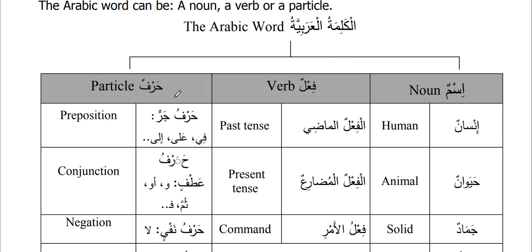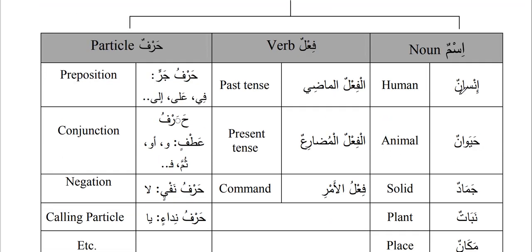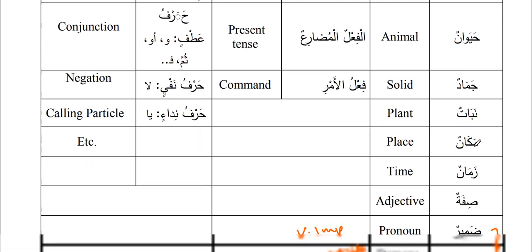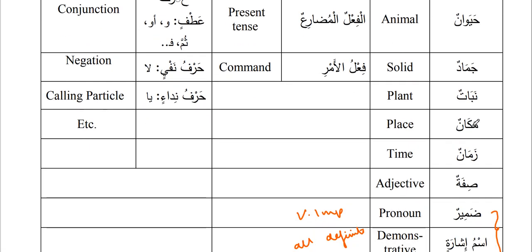So I will go quickly through this just to revise: in nouns, what do we have? We have everything in nouns in Arabic grammar, that is the names of all humans, the animals, the solids, the plants, makan, that is the place, zaman, that is the time. These two are the adverbs of place and time, and all these are common nouns.